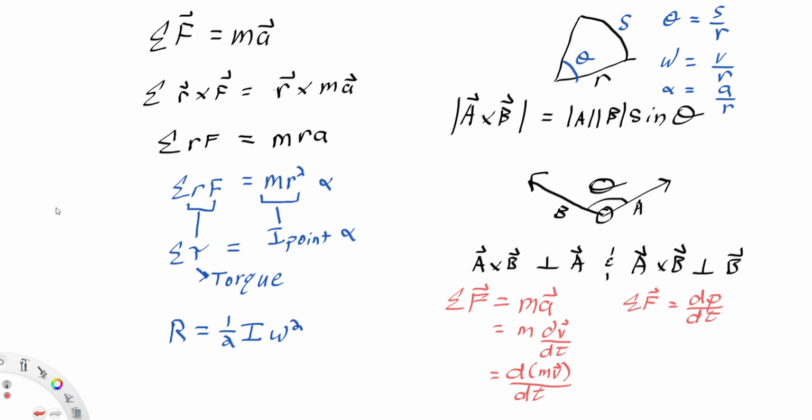There is a straightforward way to go about it, though. Let's start by looking at what the cross product of r and momentum looks like. Remember, this is how we started off analyzing Newton's second law.